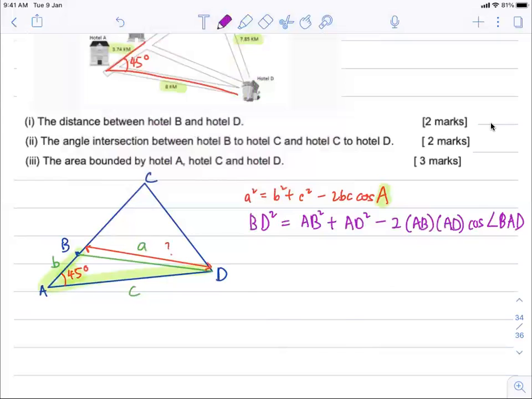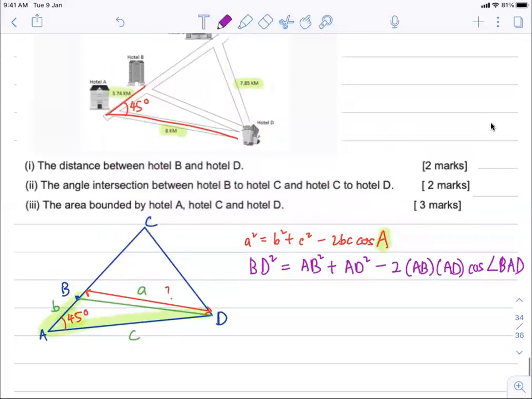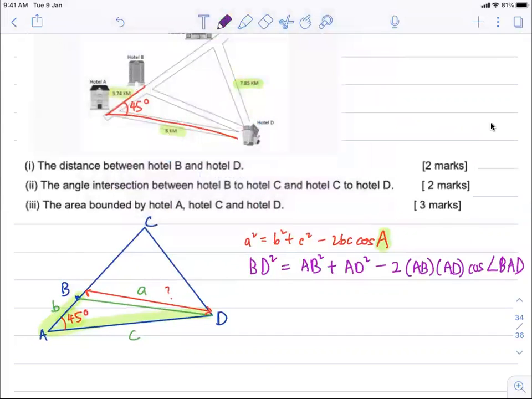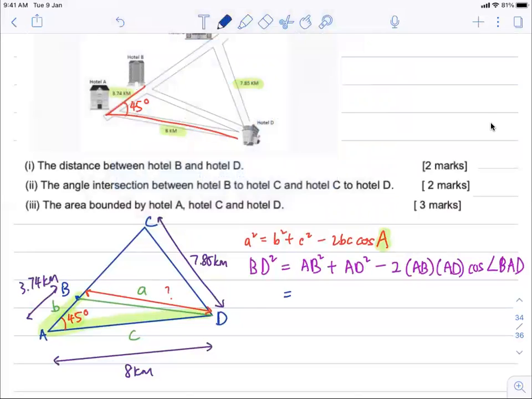Now we can substitute in the value. I haven't written down the value from the question. The question has told us that AB here is 3.74 km. AD is 8 km. CD is 7.85 km. So we substitute in the numbers.